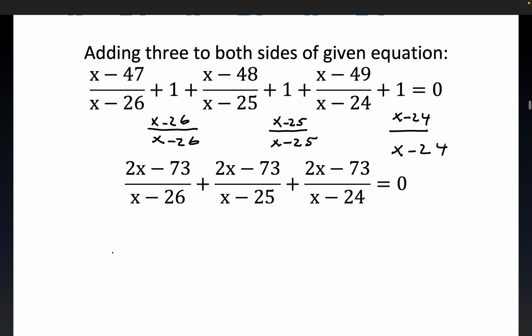Now, the final step here, of course, is to factor out 2x minus 73. Let me write that parenthetically. All right, then we're left with a bunch of reciprocals, a bunch of non-zero reciprocals, I might add, although that's not particularly important as far as the goal of this problem, of just finding a rational solution.